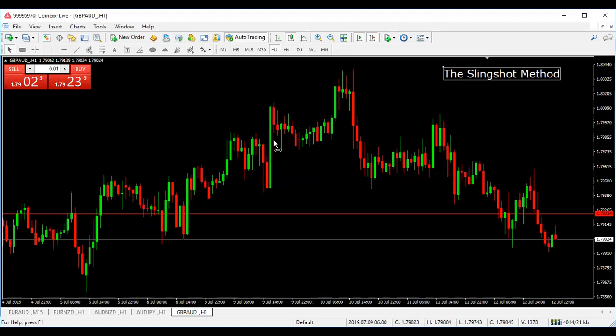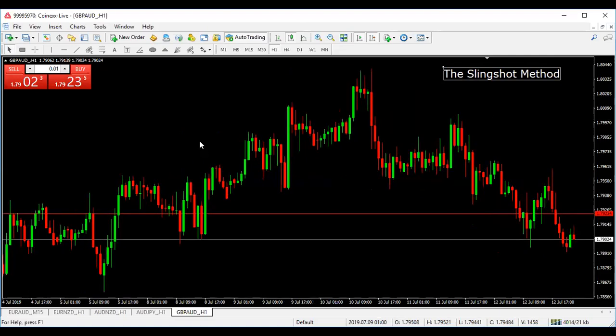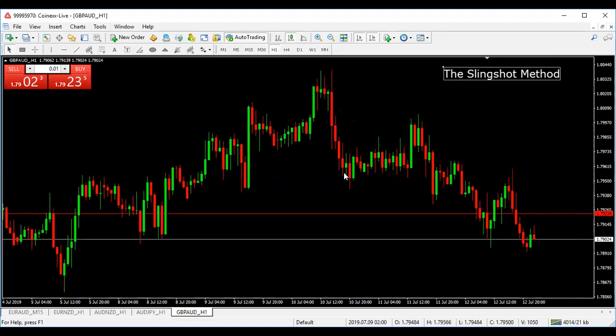So the name of this method is Slingshot Method. So guys, what do you think about when you think about a slingshot? Think of a slingshot and how it's used. How do you use it?